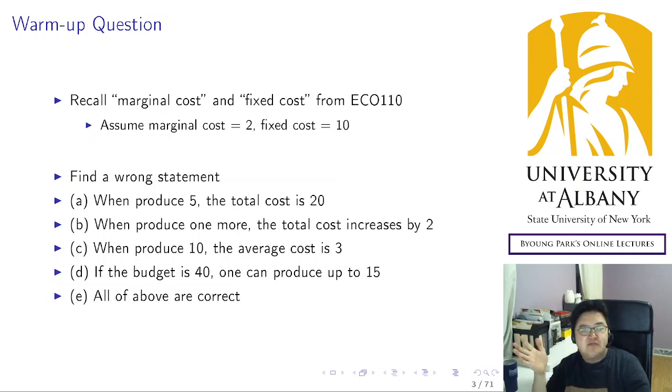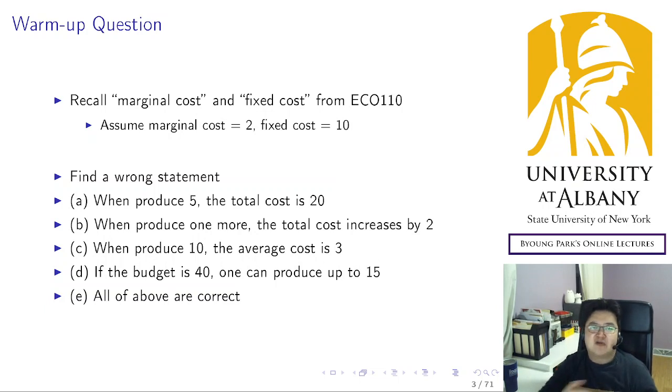In microeconomics, or in introductory economics 110, you learned marginal cost and fixed cost, right? And suppose that the marginal cost is 2 and fixed cost is 10. For example, suppose that I am a company producing, say, natural gas, and the marginal cost of producing another ton of natural gas is, say, $2,000, or whatever you can think about.